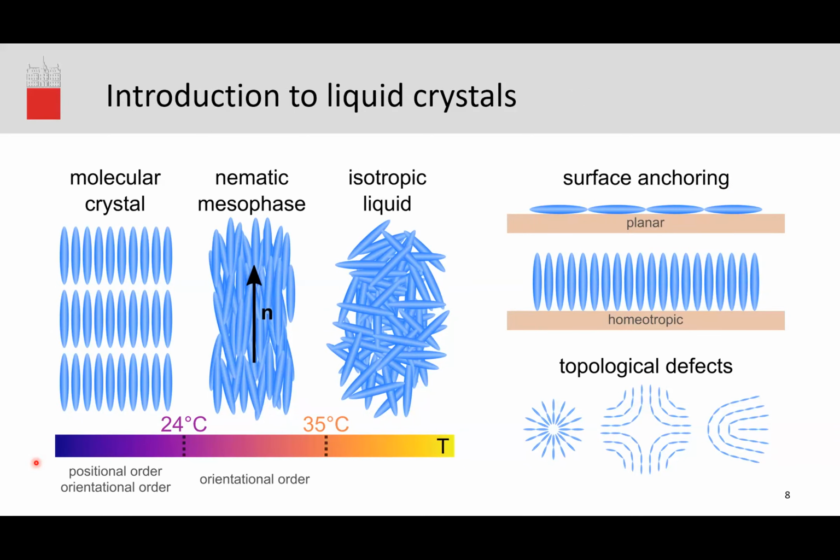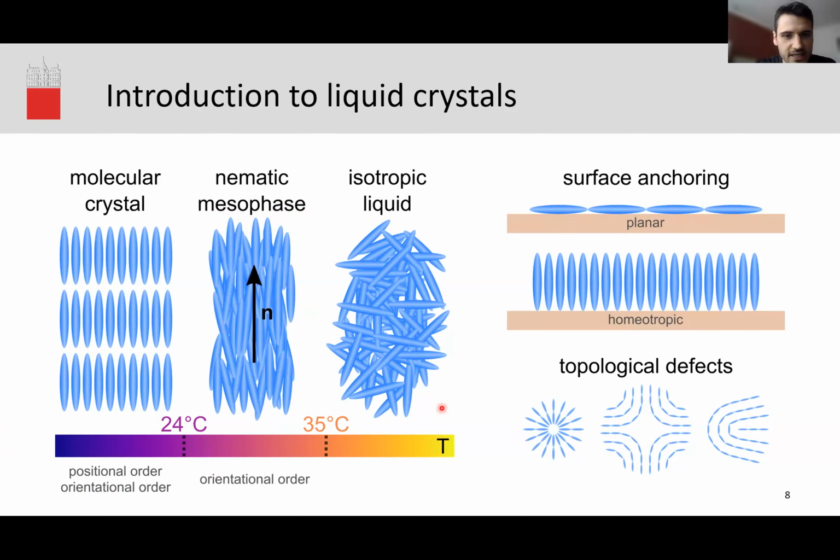Okay, so we are used to substances being in three phases: solid phase, liquid phase, and vapor phase, let's say. But liquid crystals are characterized by additional condensed phases than just solid and liquid. And these intermediate phases are termed mesophases.